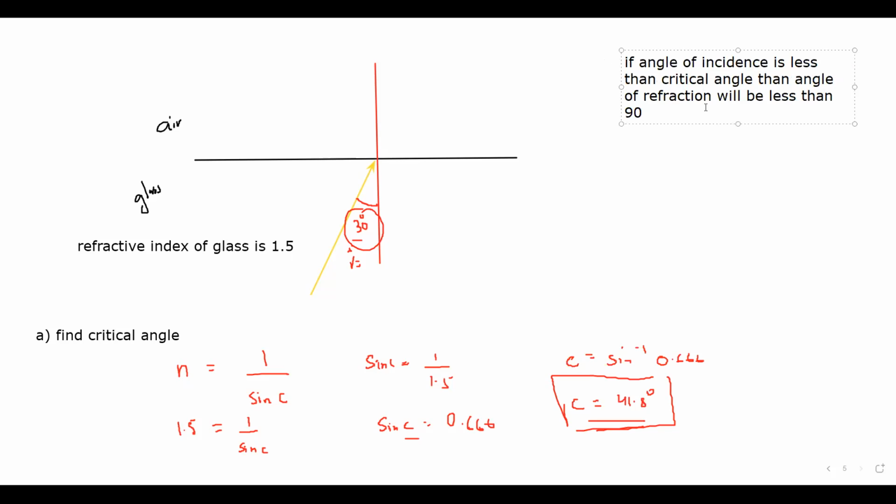It will be any value, but it will not be equal to 90. So when we complete the path, we will just complete it to show a simple refraction. But if another ray of light is there, and you have the angle of incidence exactly equal to 41.8.